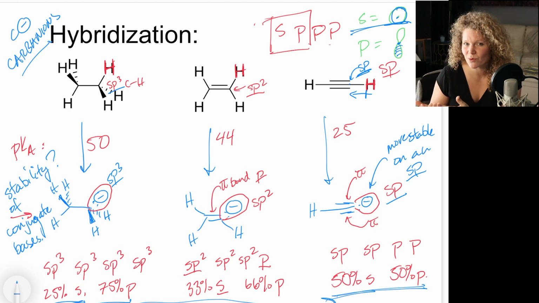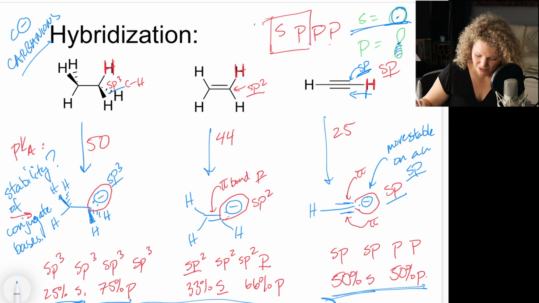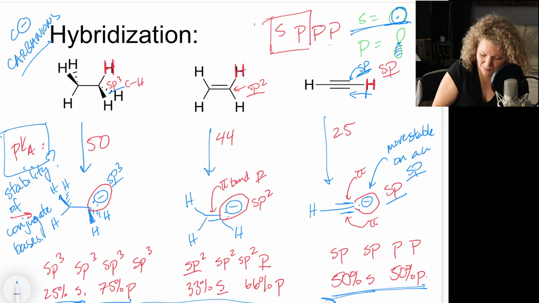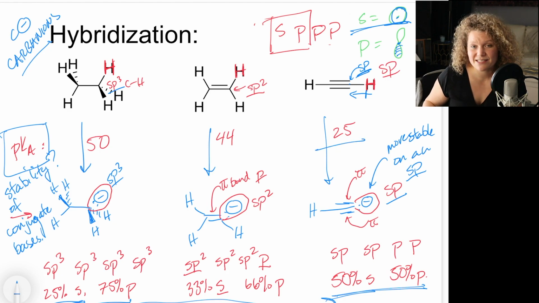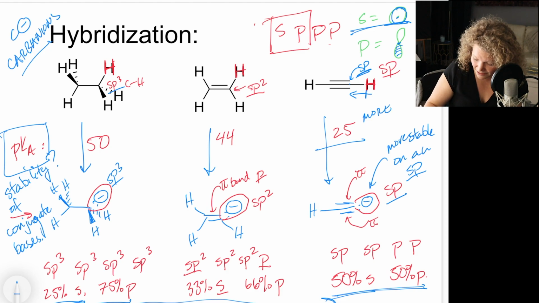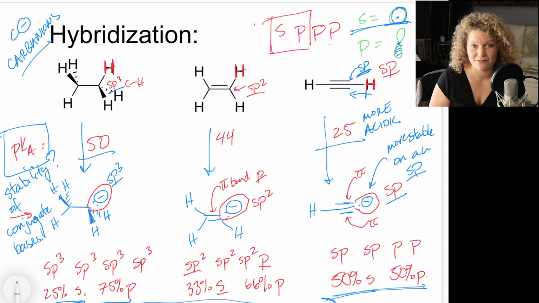Atoms with hybridized orbitals with more s character are more electronegative because their orbitals are closer to that positive nucleus. This explains why the pKa of acetylene is much lower and more acidic than the pKa of ethane.